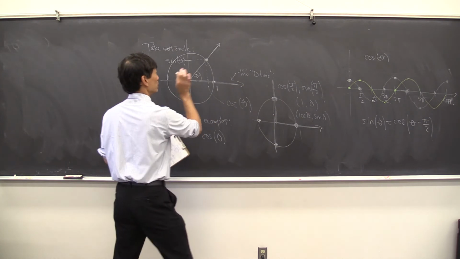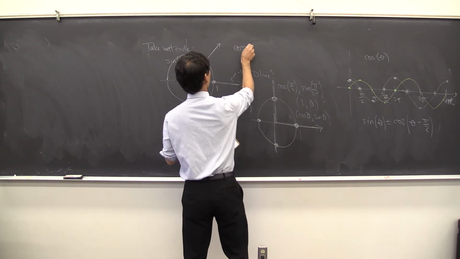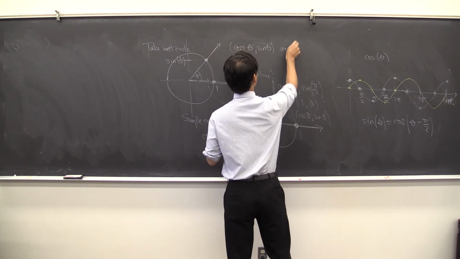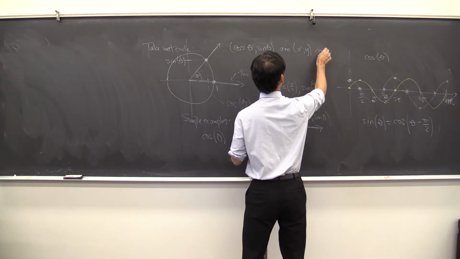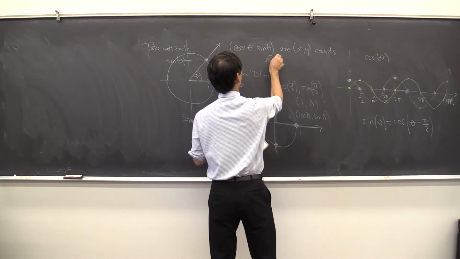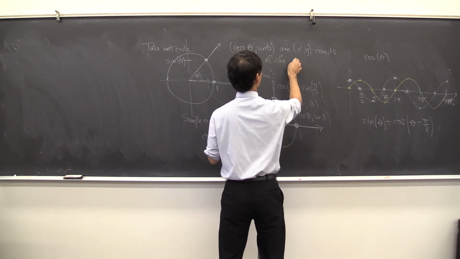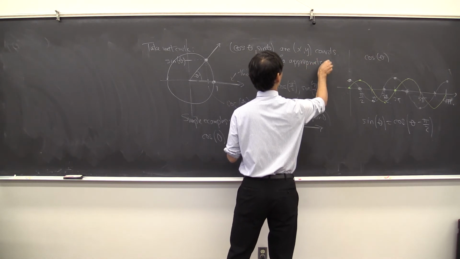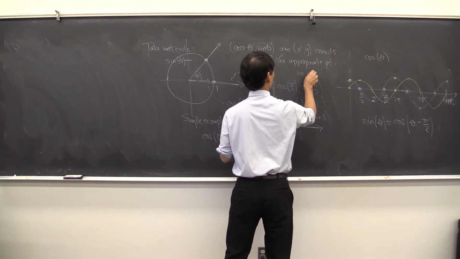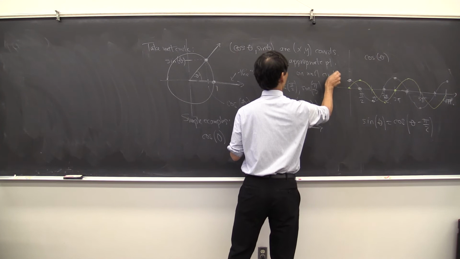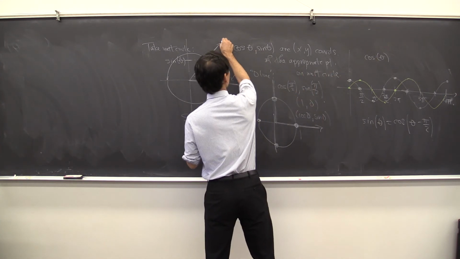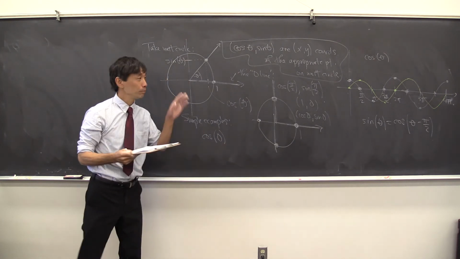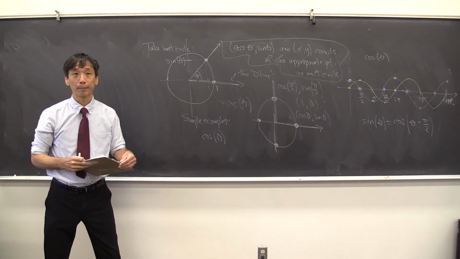So just remember, cosine theta and sine theta are the x and y coordinates of the corresponding point on the unit circle. If this is your first time encountering them, that's the main thing you want to get.